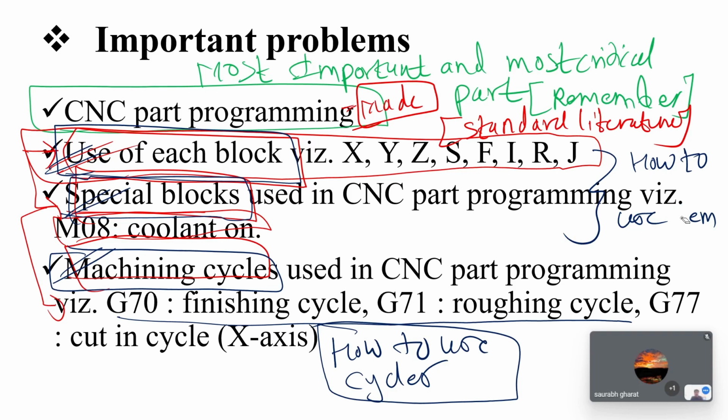So that you must know. These three parts and how to use them: how to use a cycle and how to use a block. This is the most important, most critical part. So you can put one mark star here also.